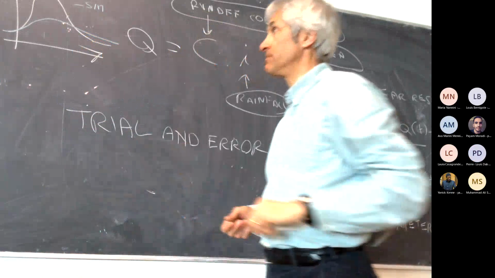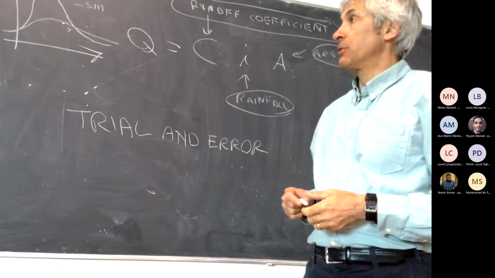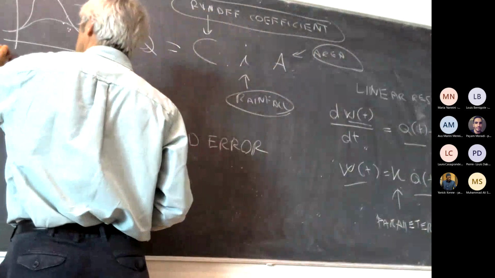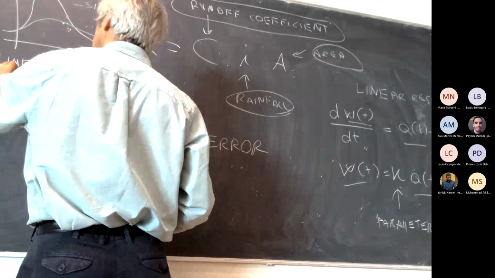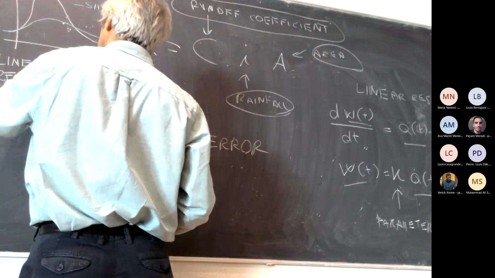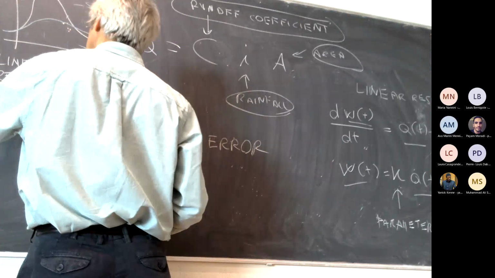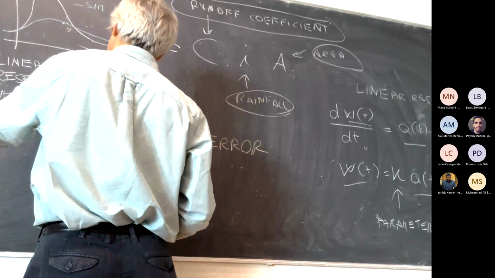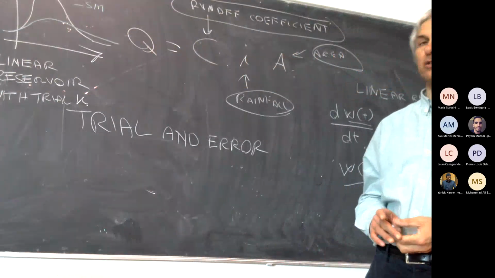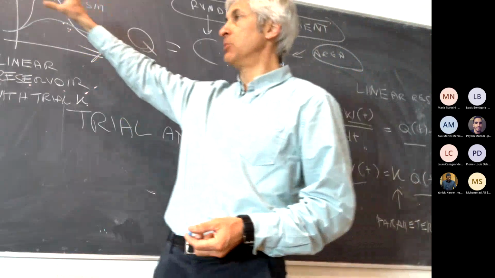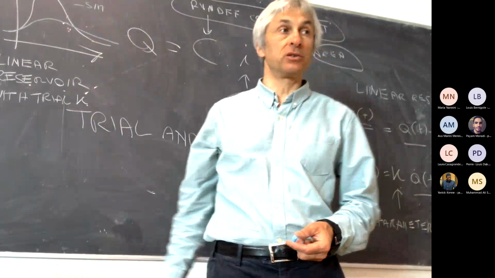You get something like this from the linear reservoir, with trial K. The question for you, we may make a poll, is: if you look at a result like this, should K be increased or decreased?